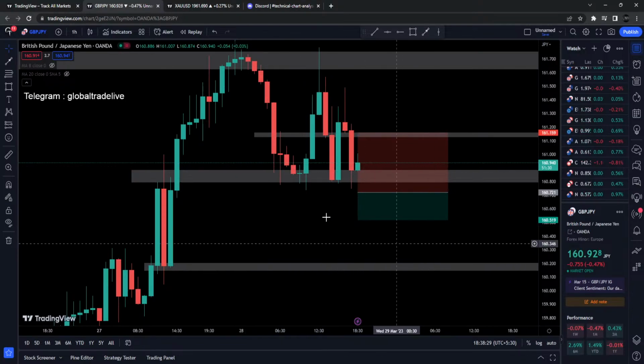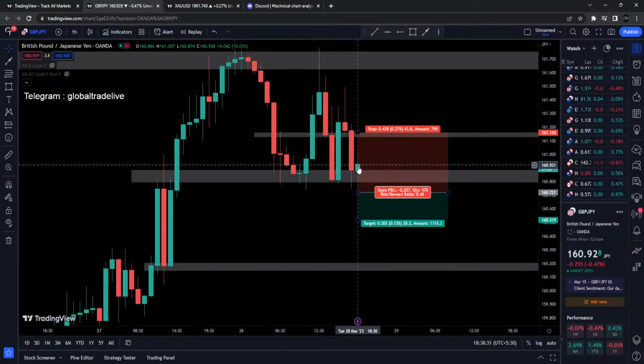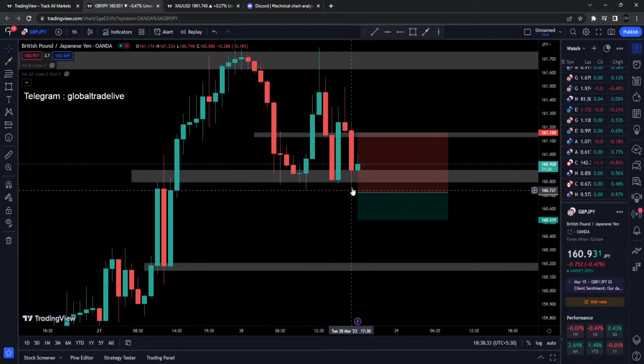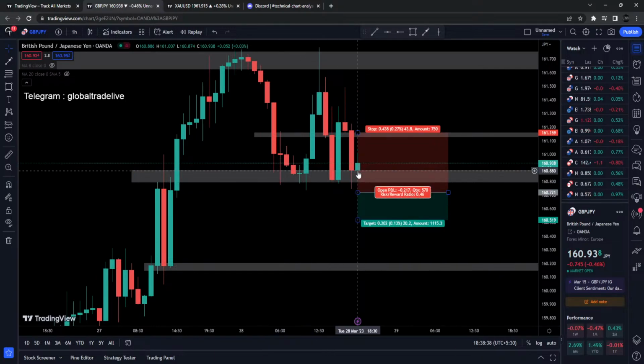So now, in case this current candle breaks these lows over here, that means this candle is doing something different which the previous candles failed to do, right? In that case, we can say that the probability of going down is high.